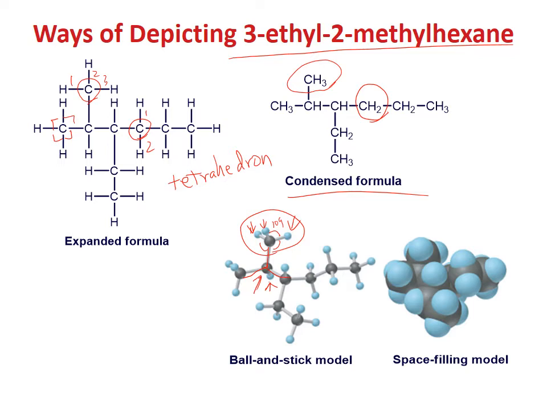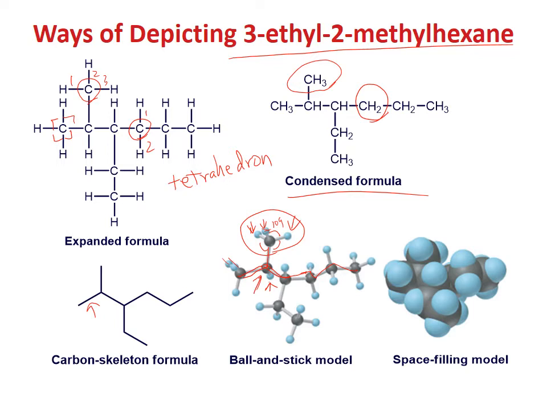Now if we omit all these hydrogen atoms and just show the carbon-carbon arrangement, you will get this, called the carbon skeleton formula. In the carbon skeleton formula, we omit all the hydrogens and the carbons. So each line represents a carbon-carbon bond.